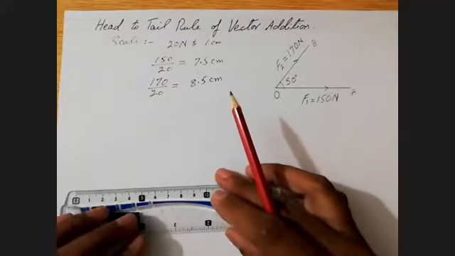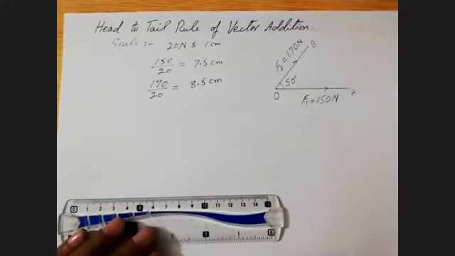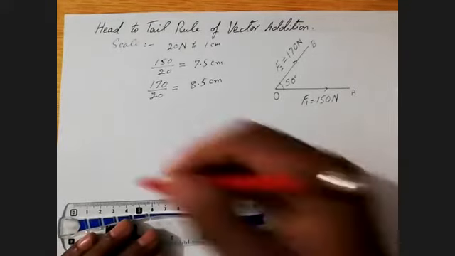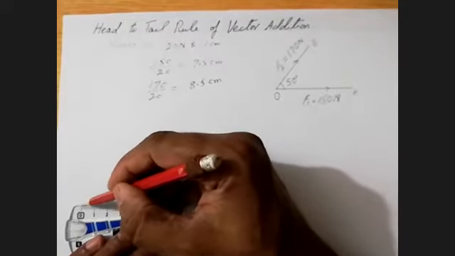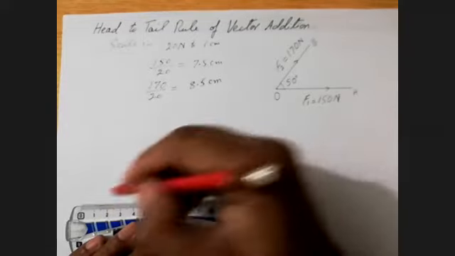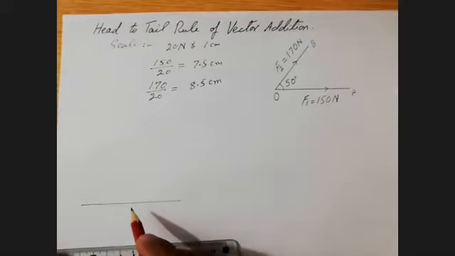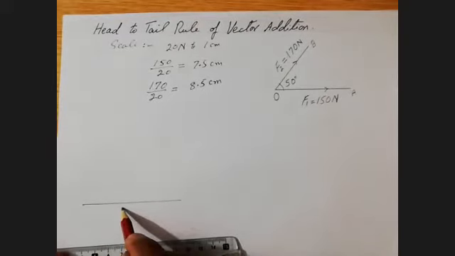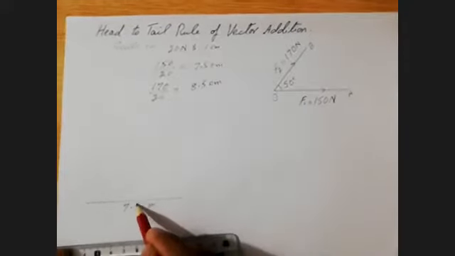So here I am going to draw F1 first of all. You can observe the F1 line of 7.5 centimeter. I have to mention the length of the line also. 7.5 centimeter is the length of the line which I have drawn.